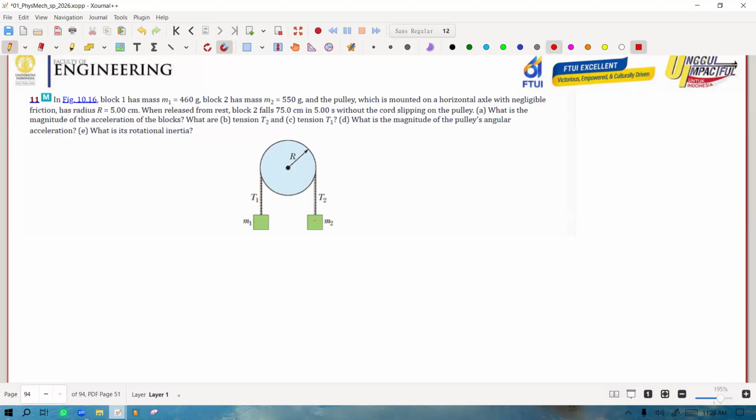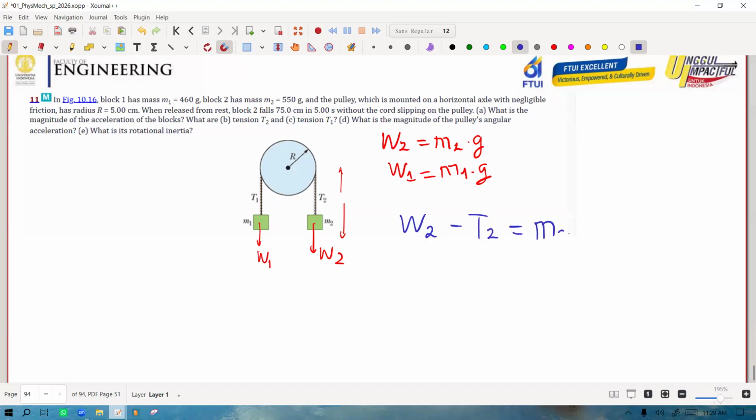So for this case, we know that there is weight 2 and weight 1, right? In the system, weight 2 is M2 times G, weight 1 is M1 times G. Then we can set this up for the second system. W2 minus T2 equals mass 2 times A, where A is the acceleration.